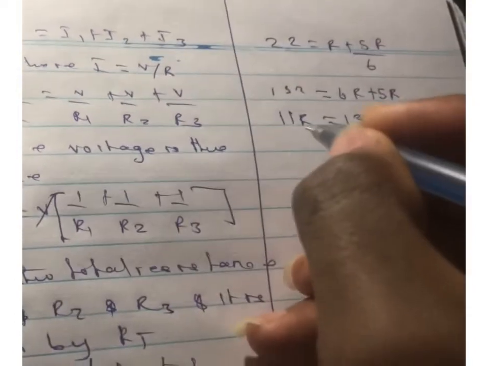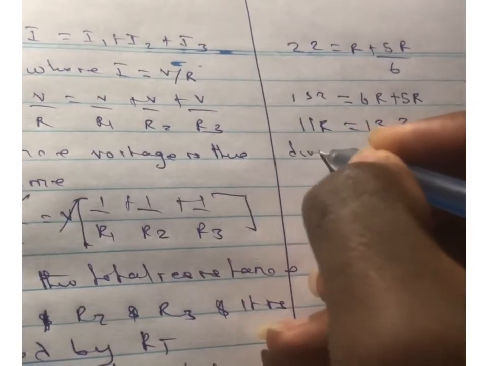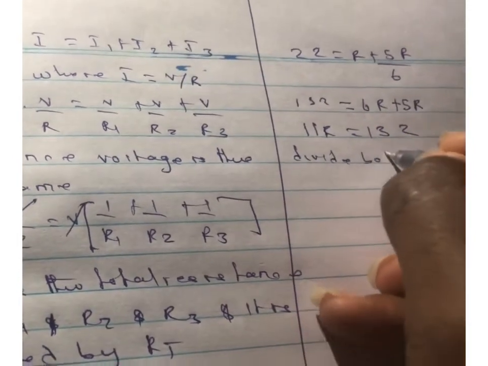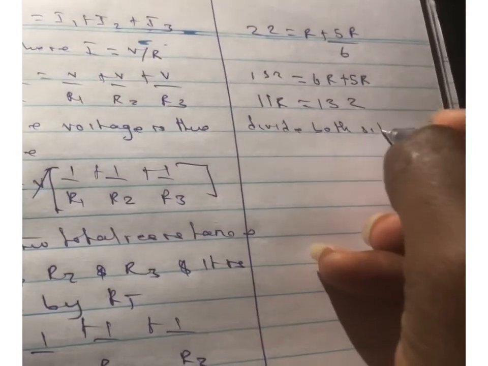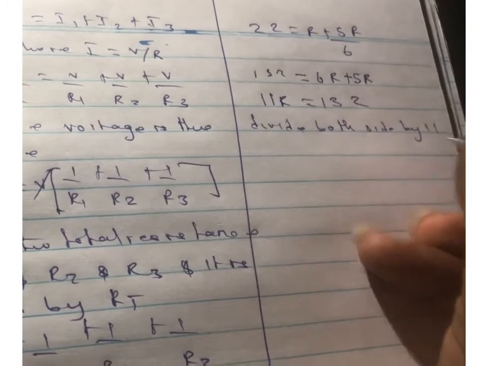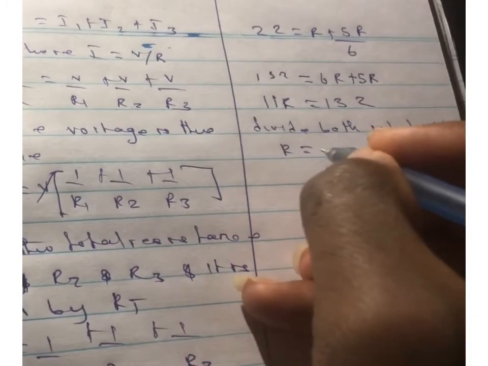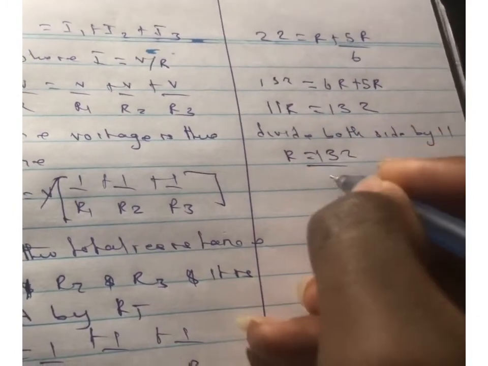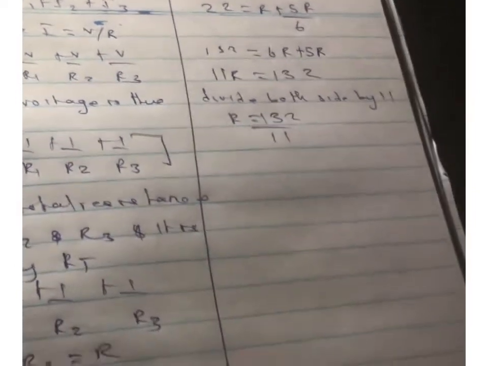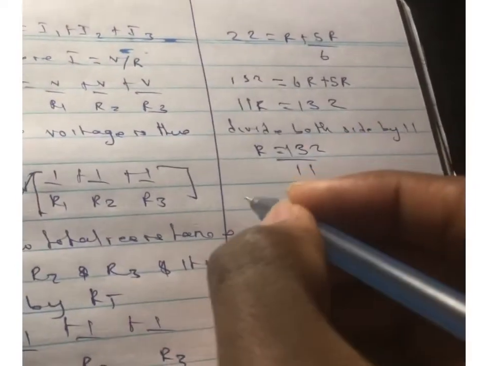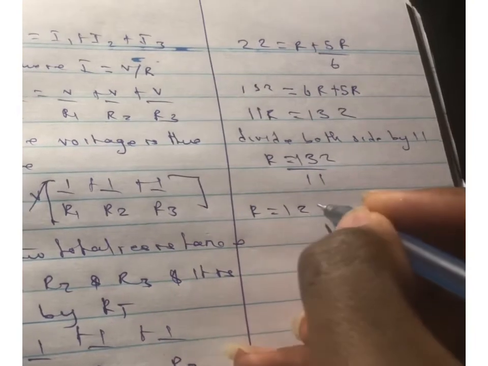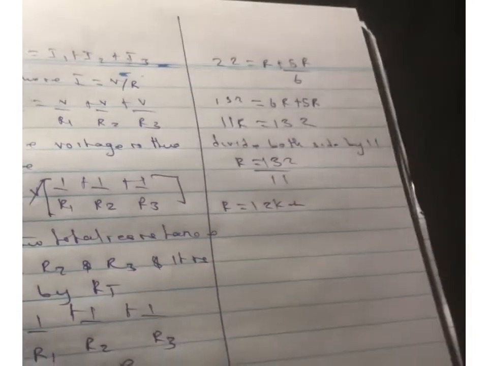So now when we divide both sides by 11, we now have R is equal to 132 over 11, which is the same thing as R is equal to 12 kilo ohms.